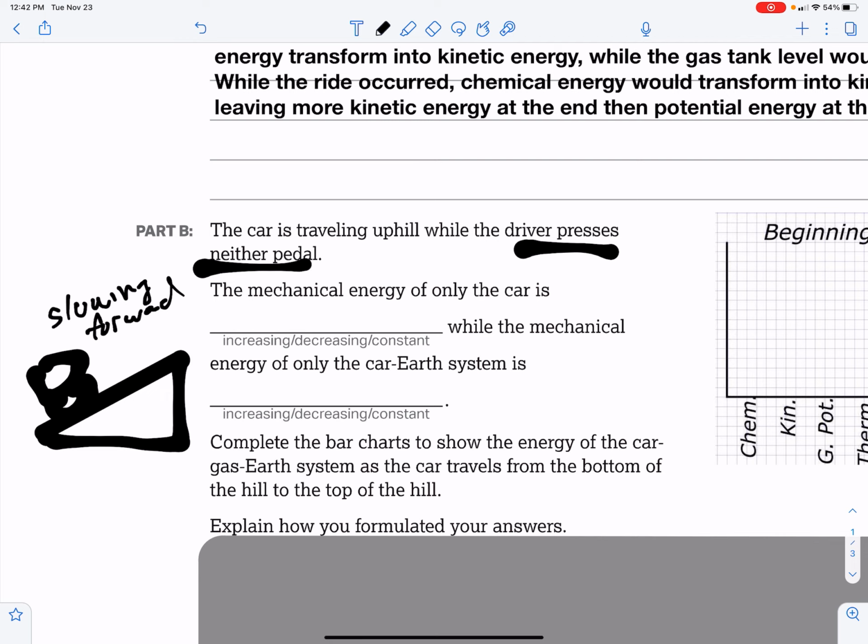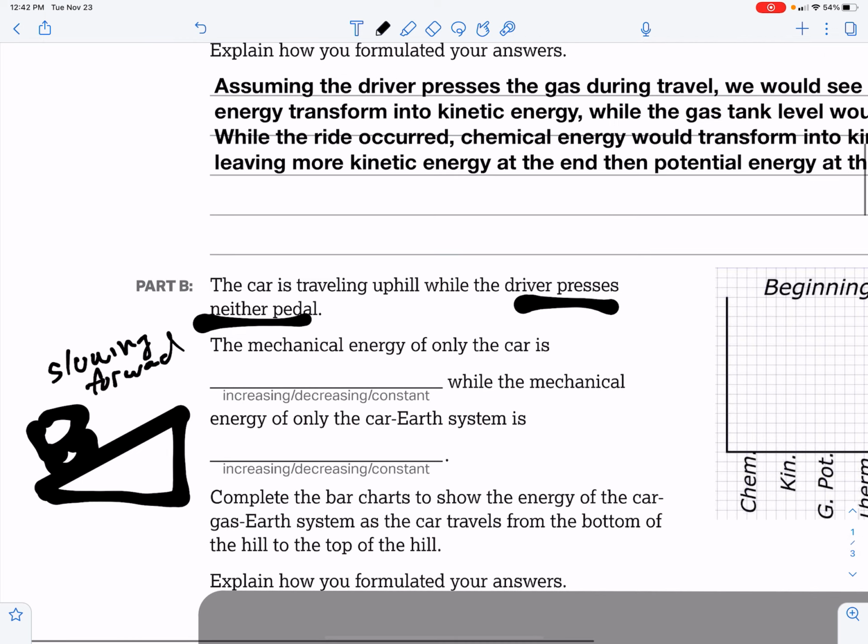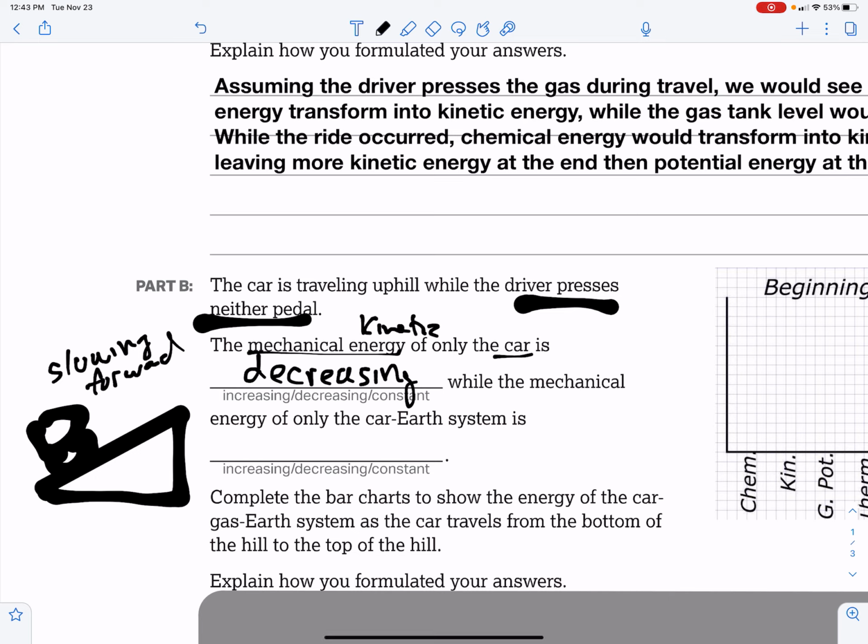All right, so that means what happens? If the car is slowing going forward, that means the mechanical energy must be, and I'm saying the mechanical energy only of the car, relating to the kinetic energy of the car. You're slowing down, right? Therefore, mechanical energy of the car only is decreasing.